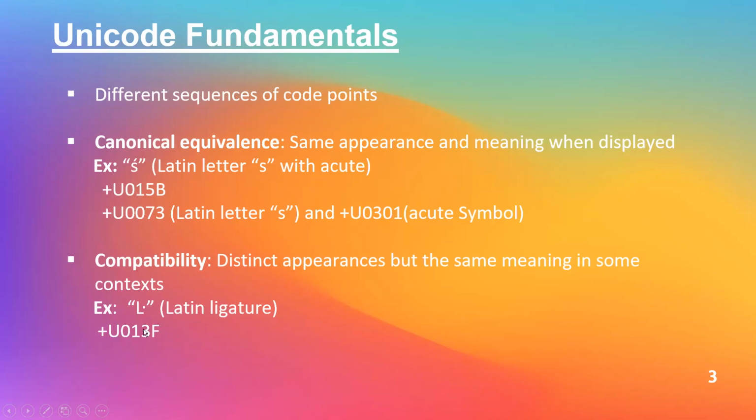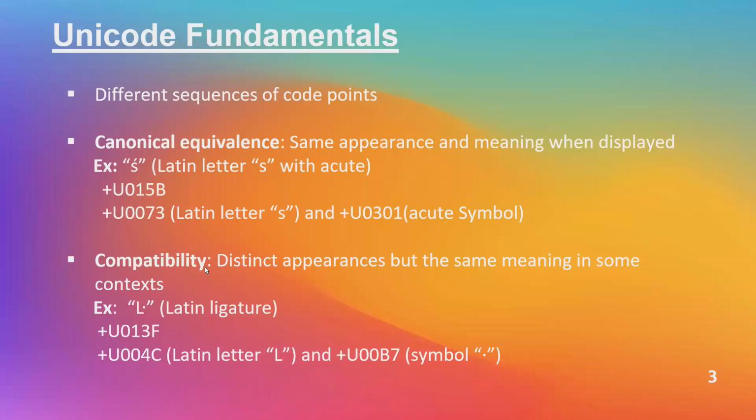The code point for that is shown here, and again it can be represented with a combination of two code points. So this is what we need to know about the basics of Unicode: how we represent diacritics using code points.